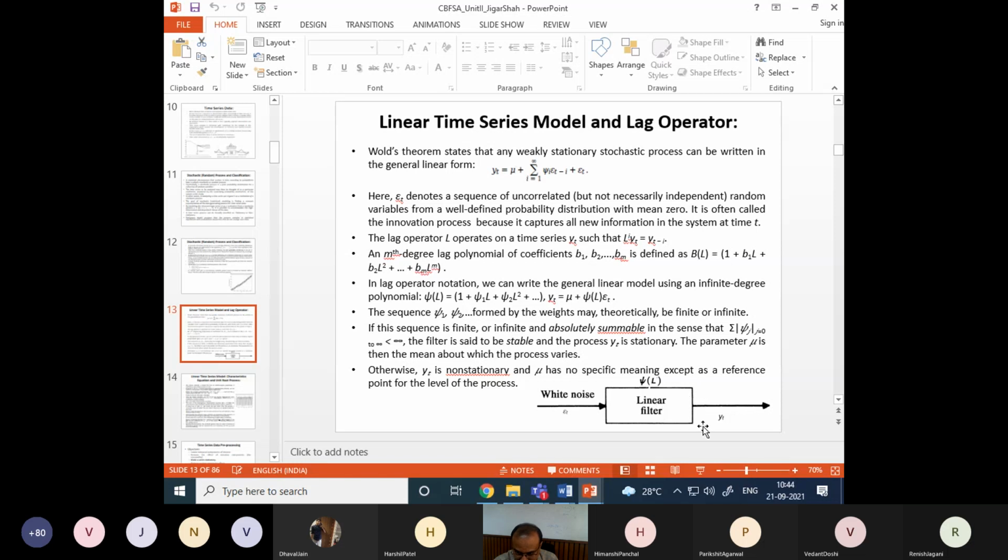Any time series yt can be written as this linear equation, which is nothing but the output of a linear filter with coefficients given by the polynomial psi of L, and the input is a white noise, say epsilon t. So all time series data can be modeled using this particular filter model.